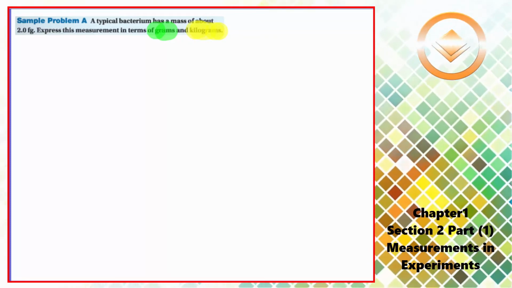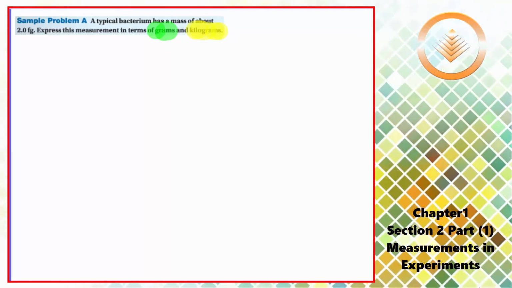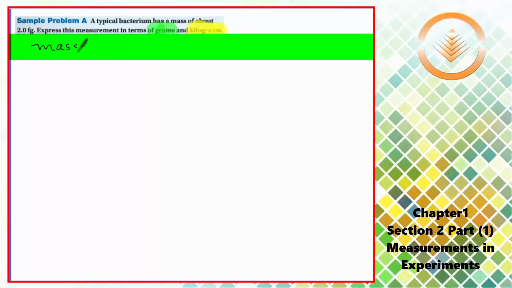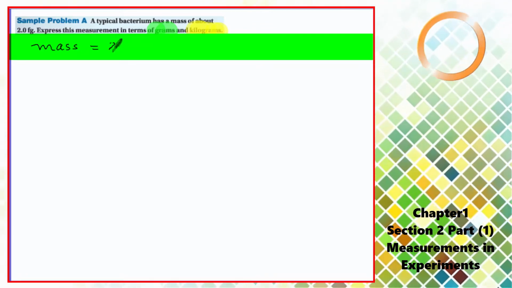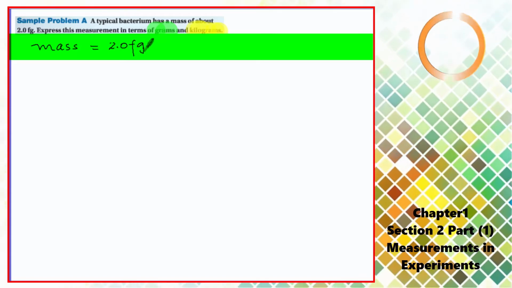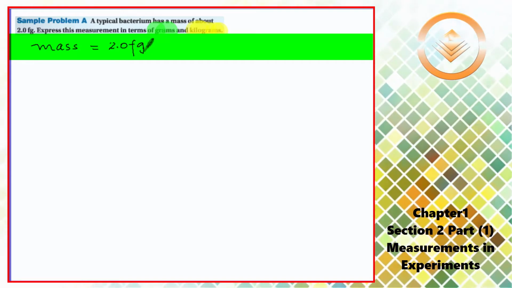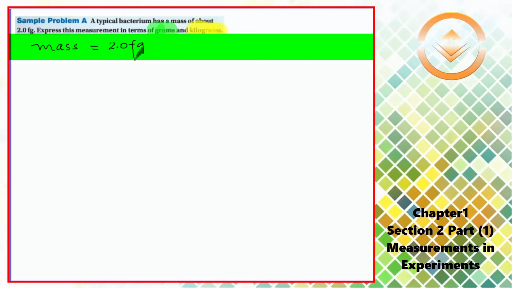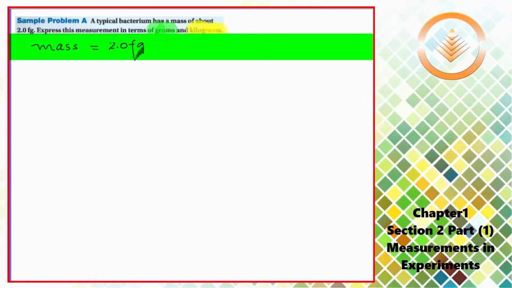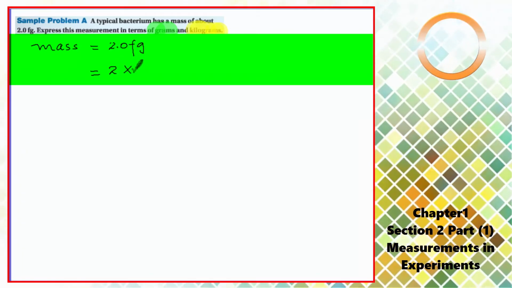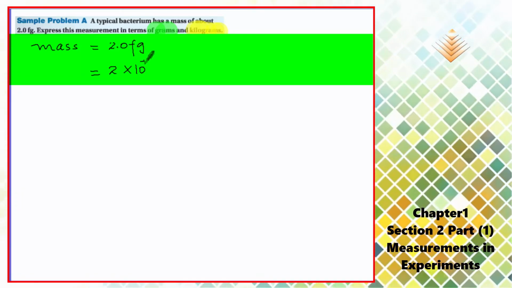So what is given? The bacterium has a mass of 2.0 femtogram. What we want is to express this in terms of gram and kilogram. Let's do it.